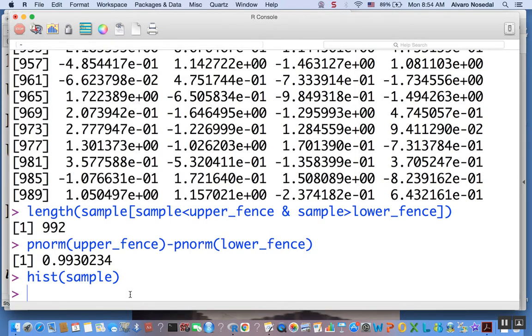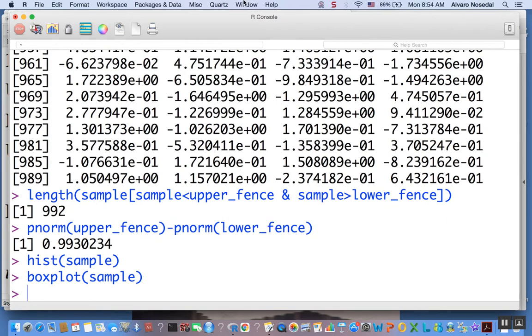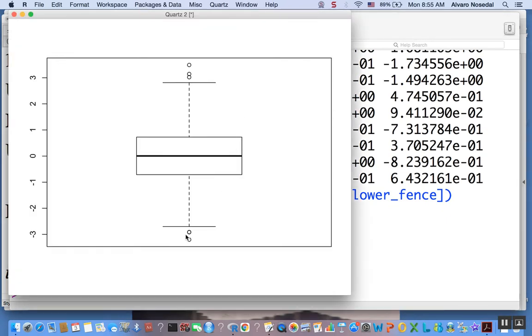Now let's make a box plot for that sample. And these hollow circles are the points, the 7 points that lie outside the fences.